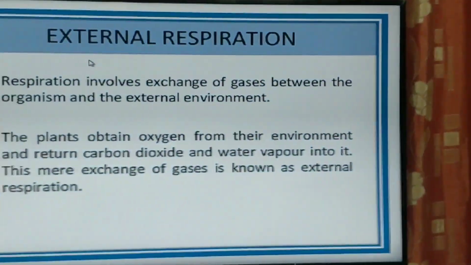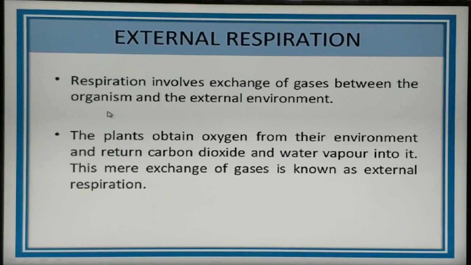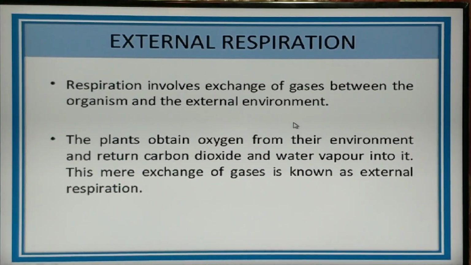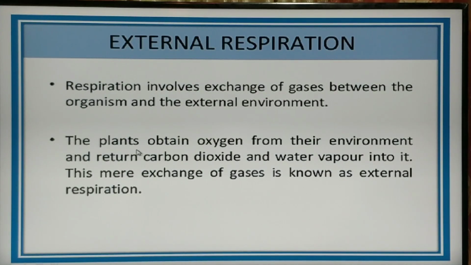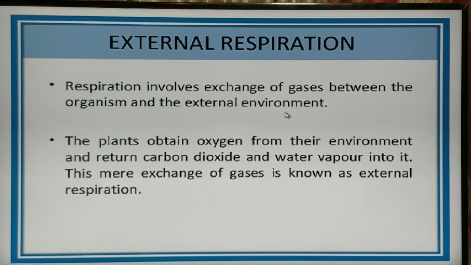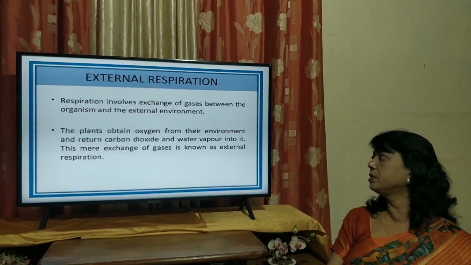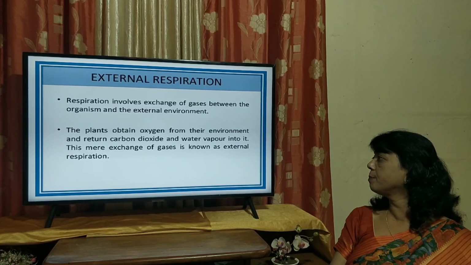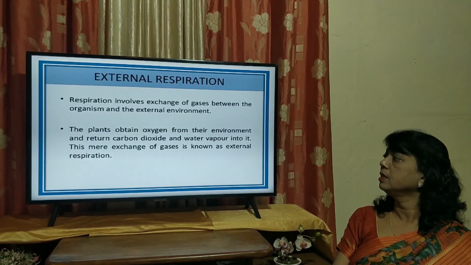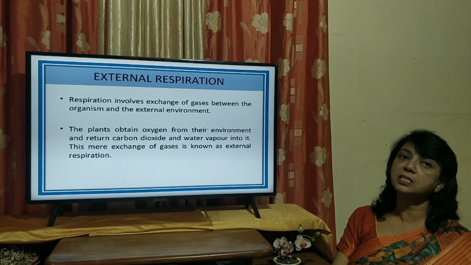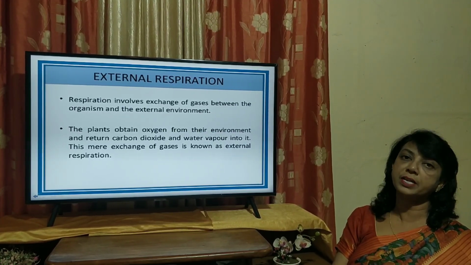We have studied that external respiration involves exchange of gases between the organism and the external environment. The plants obtain oxygen from the environment and return carbon dioxide and water vapor into it. This mere exchange of gases is termed external respiration.